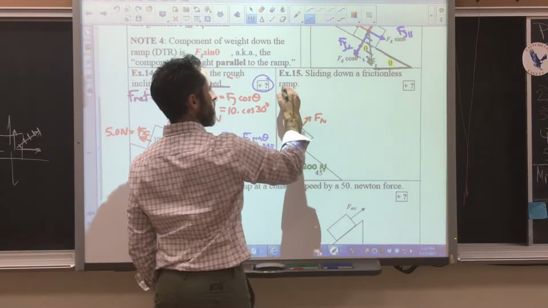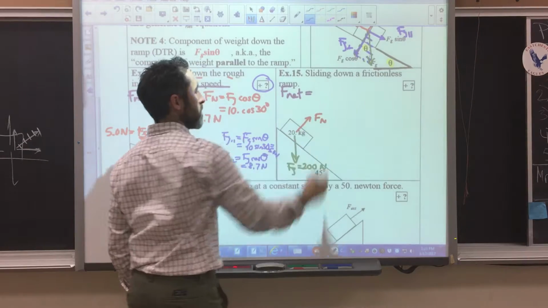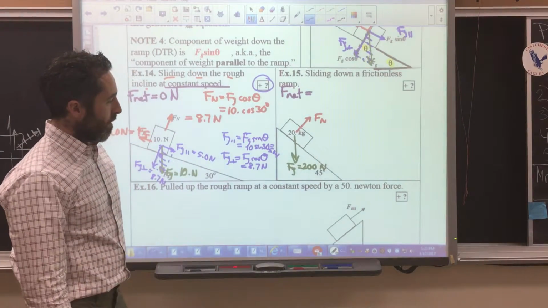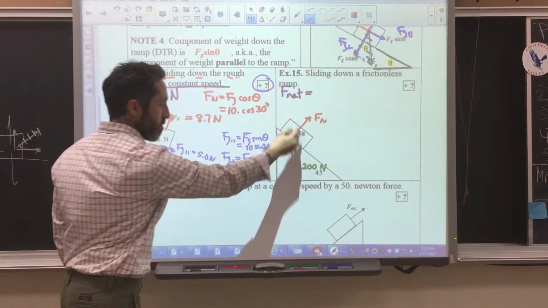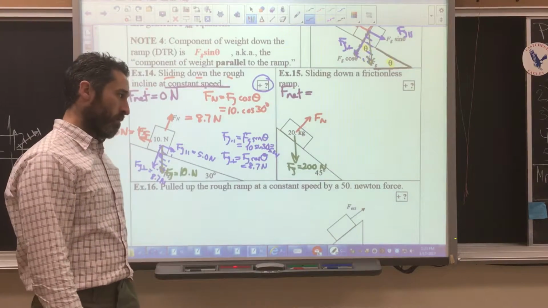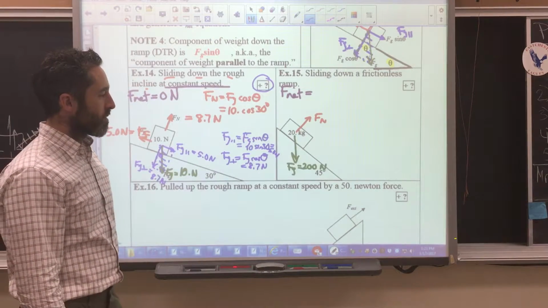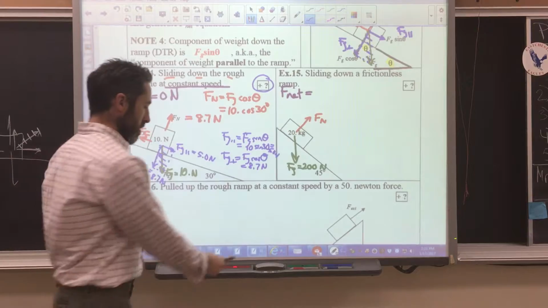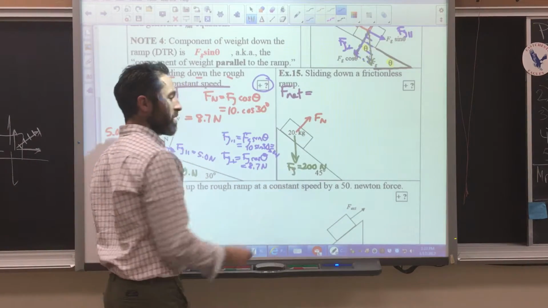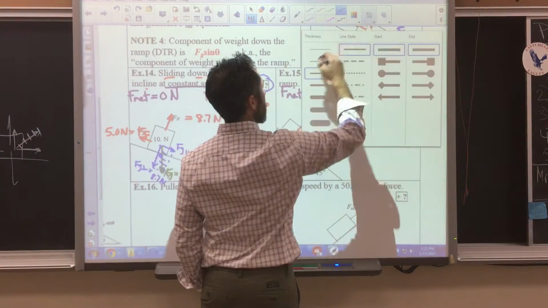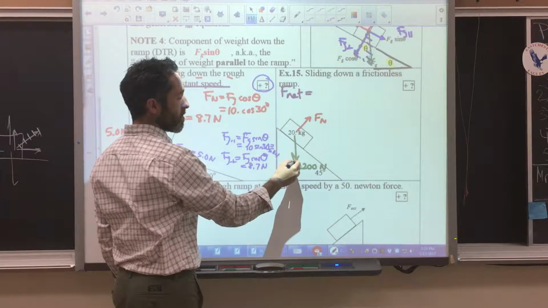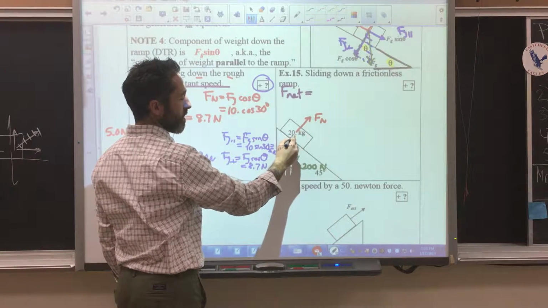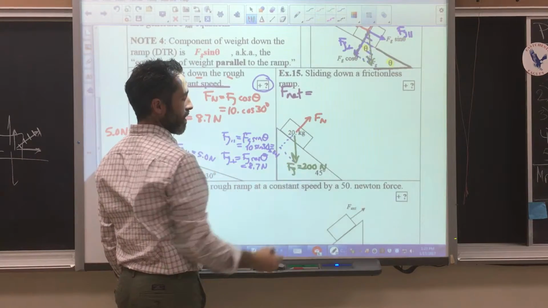So you want to come up with the F net, as usual. We need the F net up here. So you got two choices. Make the resultant of these two, which is, for most of you, probably a bit of a mess. You may not be into that. Or break this into its components. And that's going to be the standard method I teach you. This FG is pointing both into the ramp and down the ramp.